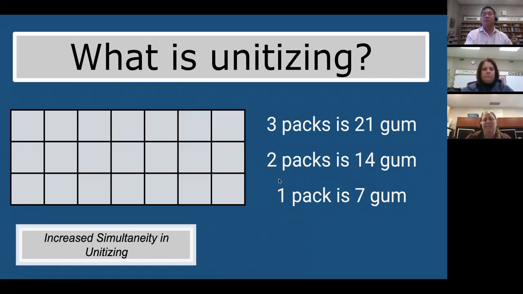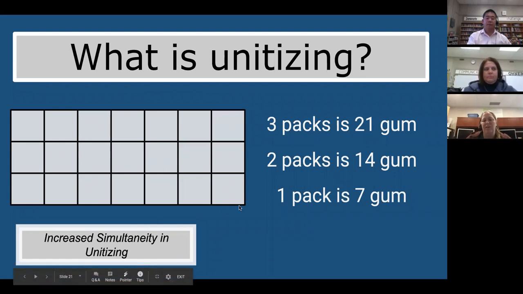Going from 1 to 7, 2 to 14, and 3 to 21, and keeping all of that information close together the way it's laid out here, has increased simultaneity, we call it. With unitizing, we're always talking about how close together they are able to think about the components. Here we see them thinking about them nice and tightly together. And this is the precursor for proportional reasoning down the road.